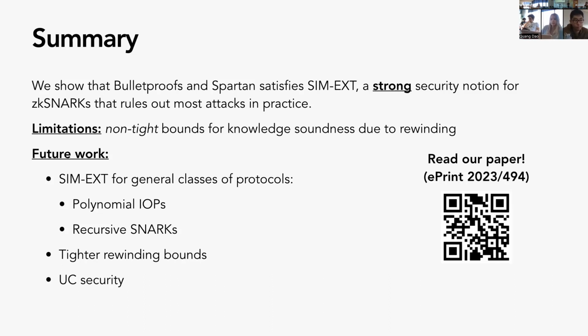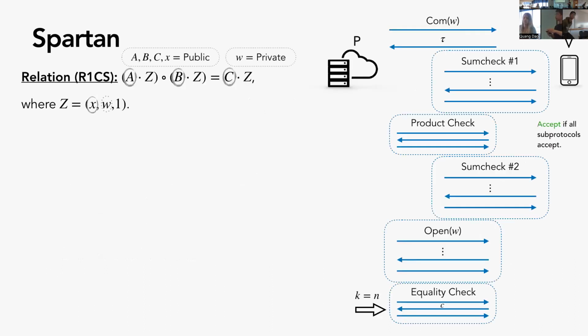We have one more question in the chat. Do you prove SIM-EXT also for the version of Spartan with a trusted setup instead of transparent? Trusted setup Spartan uses a variant of the KZG commitment for multilinear polynomials. Yeah. So about the generalizability of our proof, let me go back here to the Spartan slides.